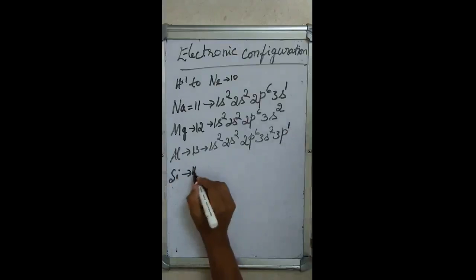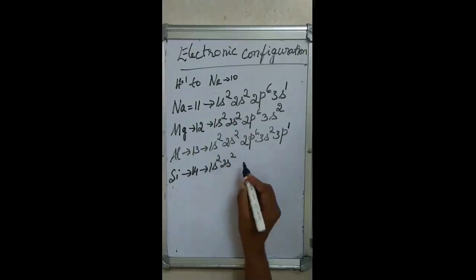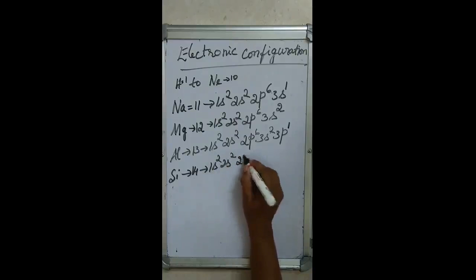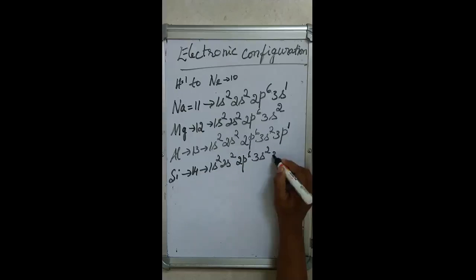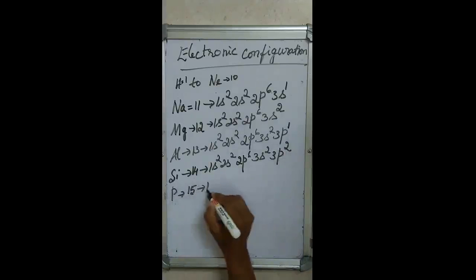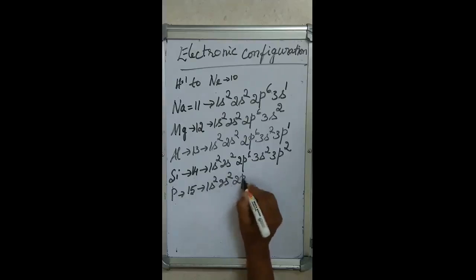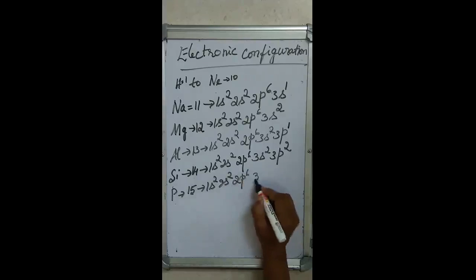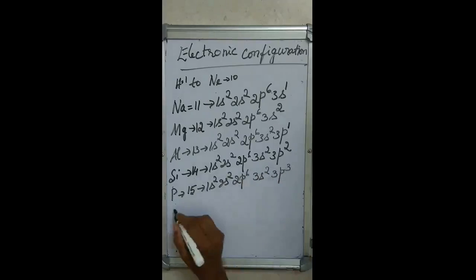Silicon, atomic number 14: 1s2, 2s2, 2p6, 3s2, 3p2. Phosphorus 15: 1s2, 2s2, 2p6, 3s2, 3p3.